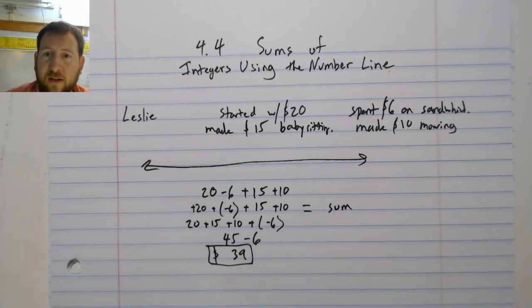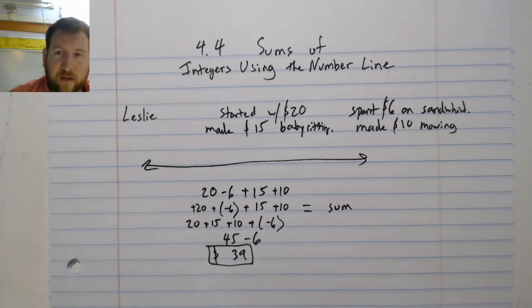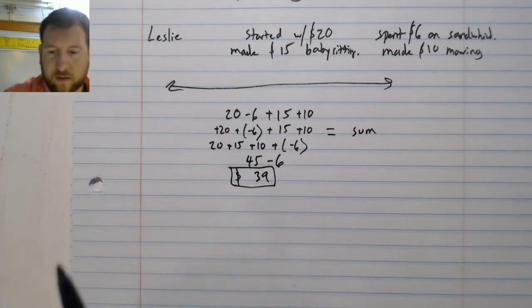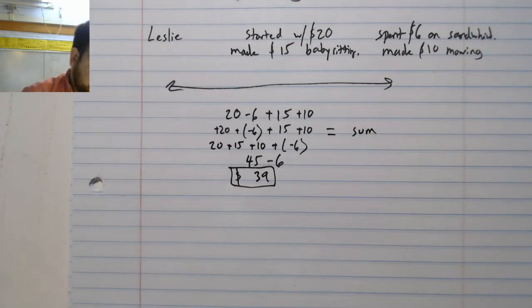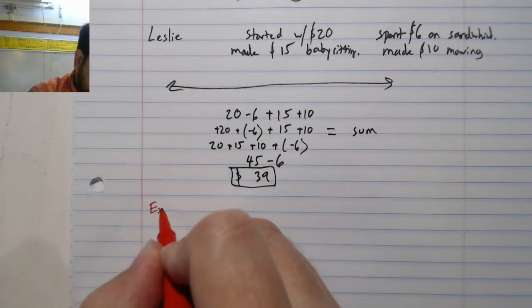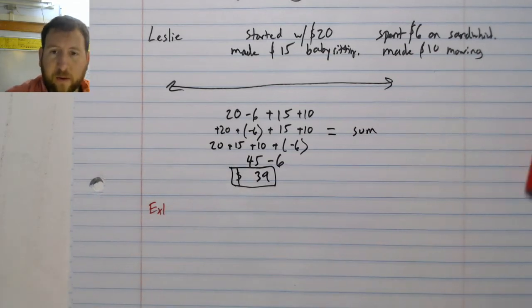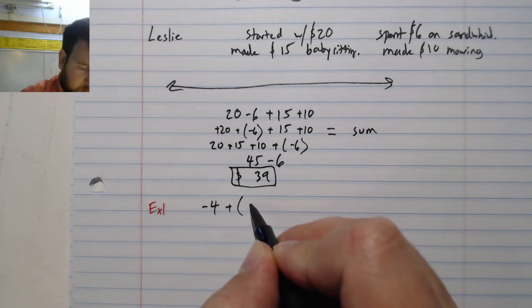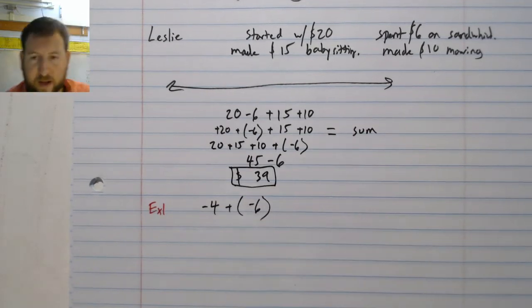Okay, so let's look at a quick example. We're going to use a number line to find the sum of these two numbers. Let's do our example 1. We're going to find the sum of negative 4 plus negative 6.